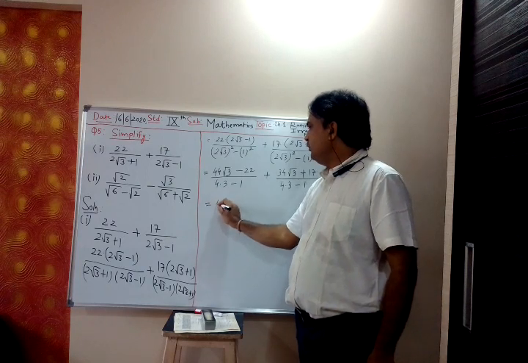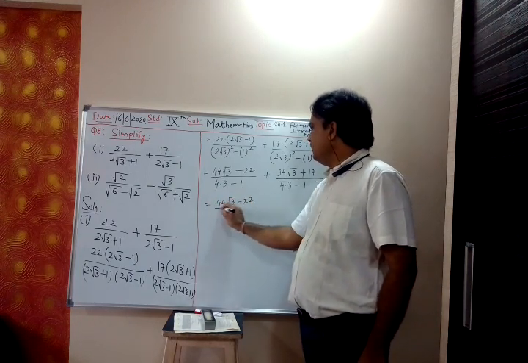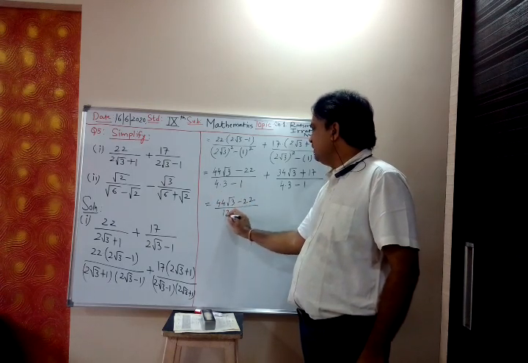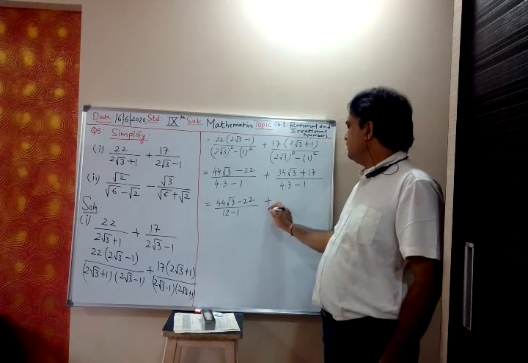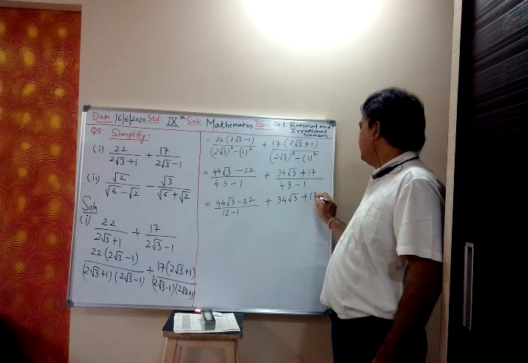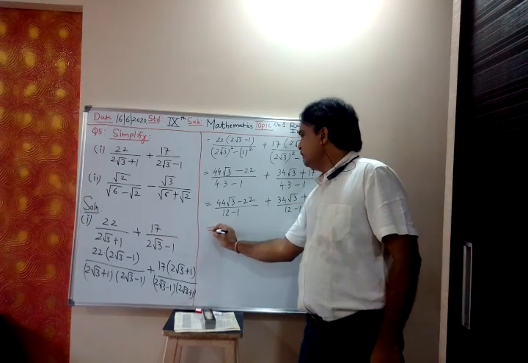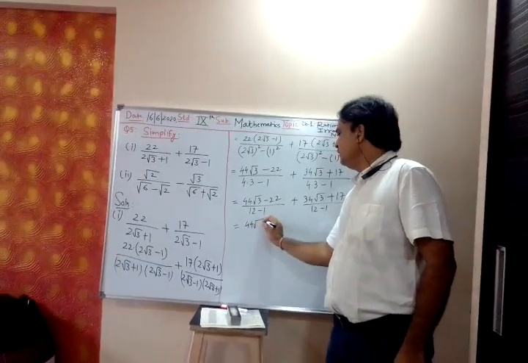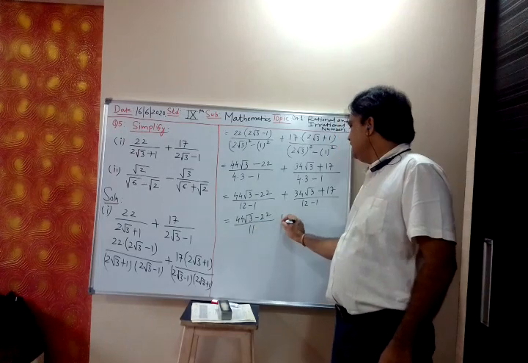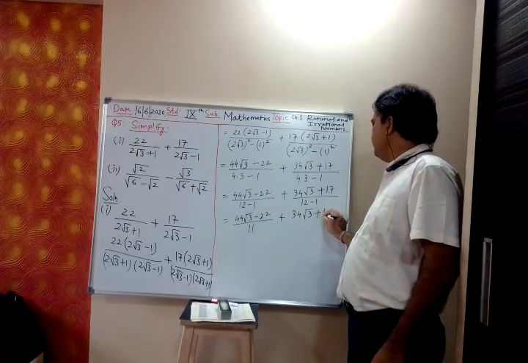So this is 44 root 3 minus 22 upon 4 into 3, 12, 12 minus 1, plus 34 root 3 plus 17 upon 12 minus 1. So this is 44 root 3 minus 22 upon 11 plus 34 root 3 plus 17 upon 11.